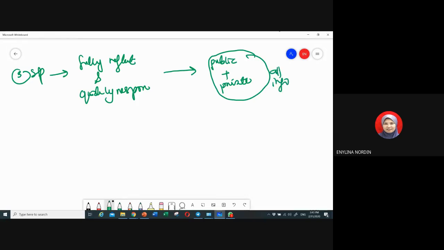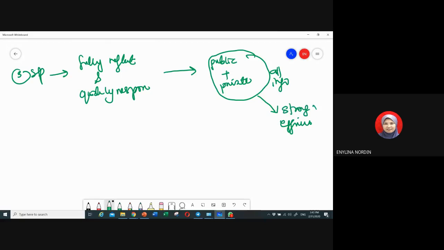So that means the market becomes strongly efficient. The market is efficient, but this time very, very efficient. So that's so called strong form.